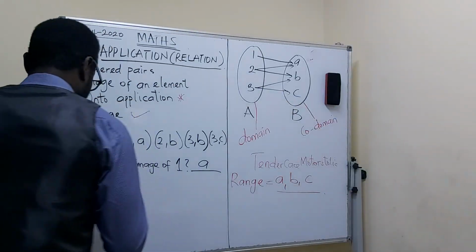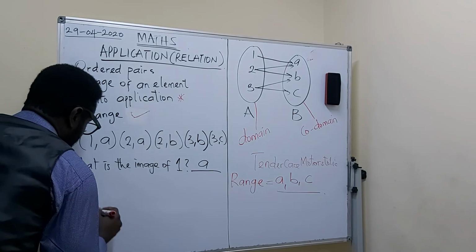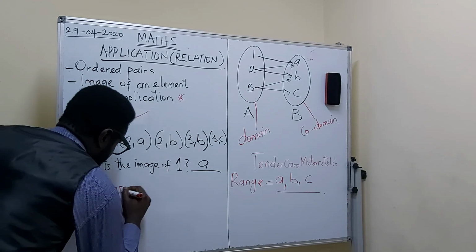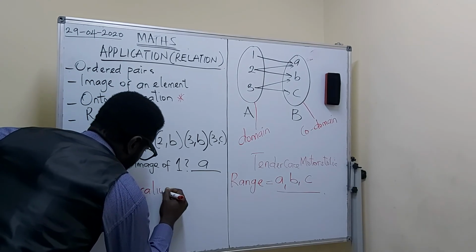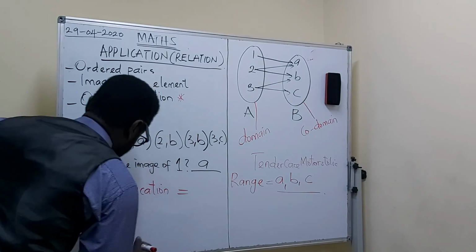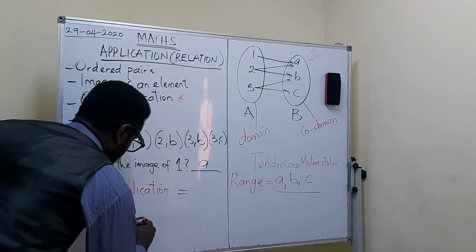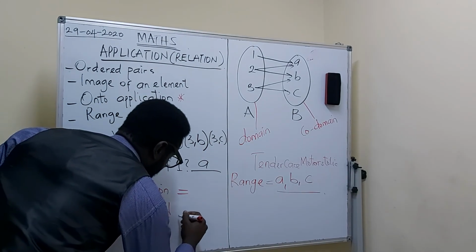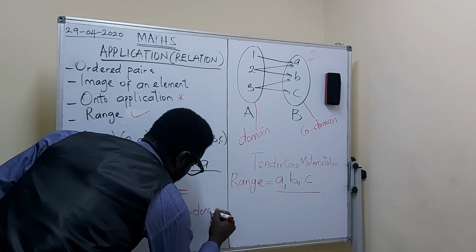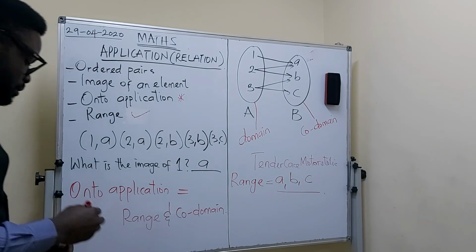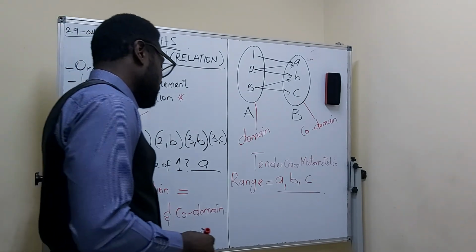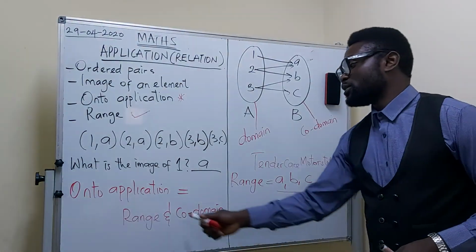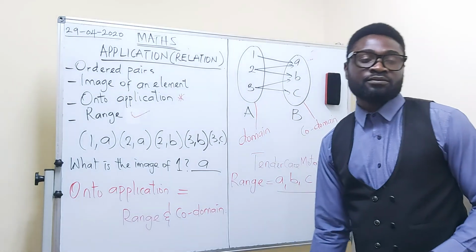So it means onto application equals range and codomain. So when you have the range and codomain together and they are equal, that is when we speak of onto application.